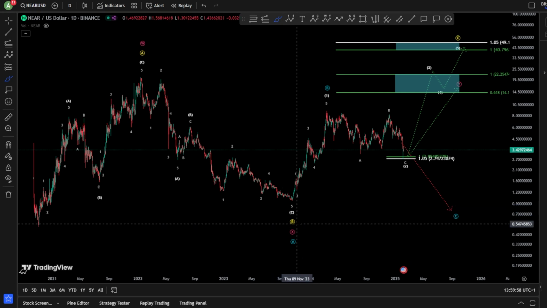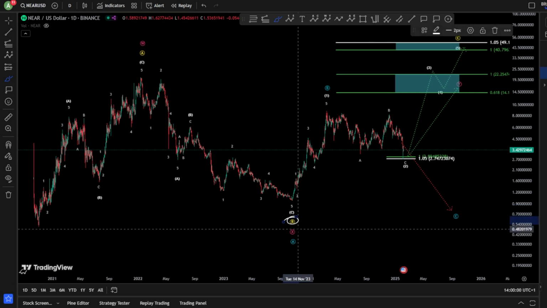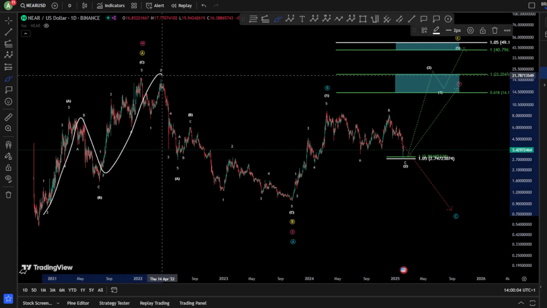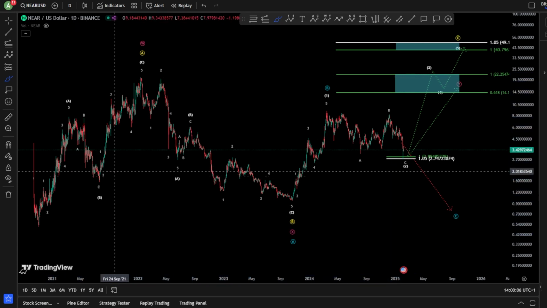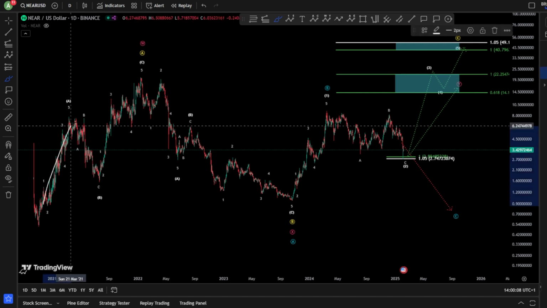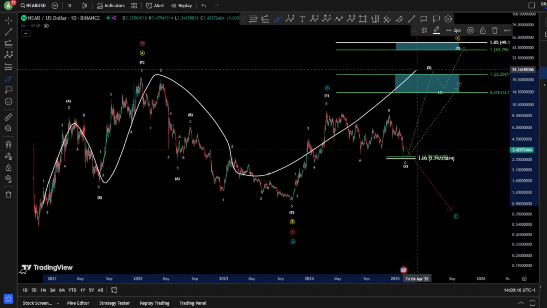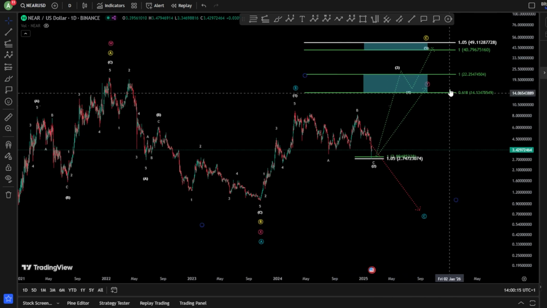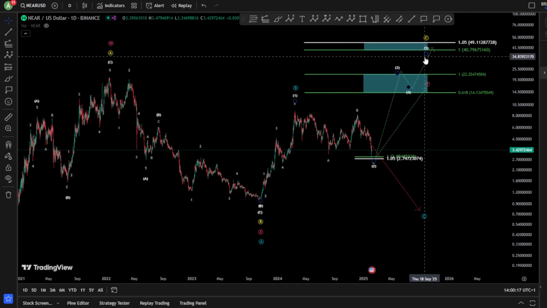So in this case, ABC probably finishing a wave B in the yellow and finishing a wave X, in case you are in W, X, and Y. In case you are in yellow, you are also in an A, B, and a C. The difference is, of course, the wave Y or the wave C that you will get in this area.